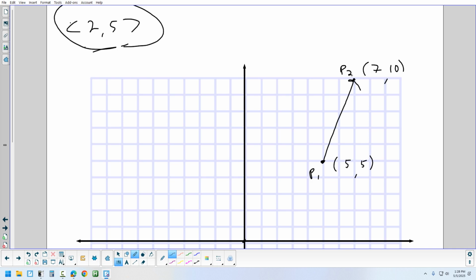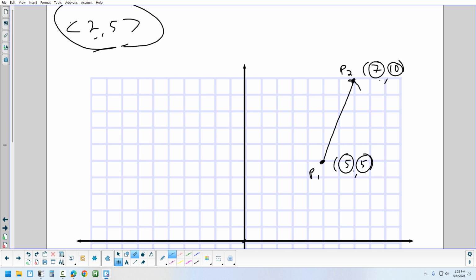This number minus this number gives you the 5, and 7 minus 5 gives you the 2. If you switch the order, it comes out backwards. 5 minus 7 is not 2. So it has to be this point minus this one.